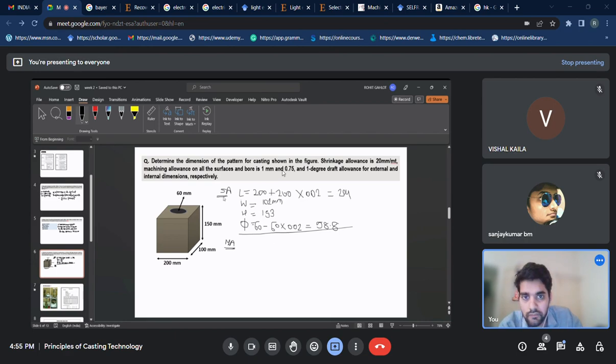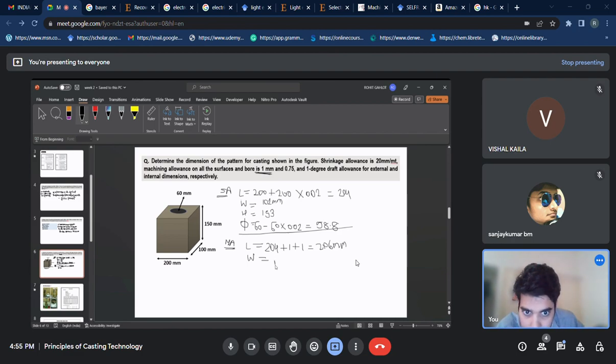So is everyone able to catch me till this point? Yes, yes. Okay. Now if you consider the machining allowances, as it is given on both the sides, it will be added twice. And as it is given that the machining allowance is 1 mm for each side, we need to take the consideration of the shrinkage allowances.